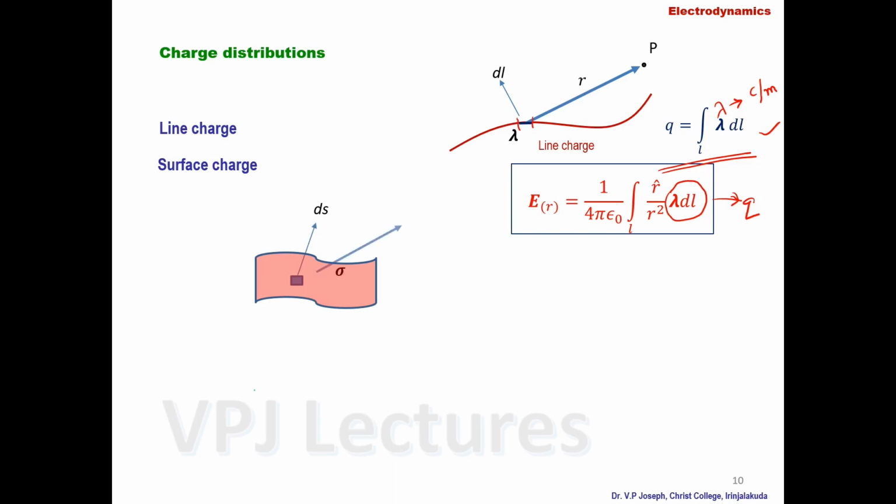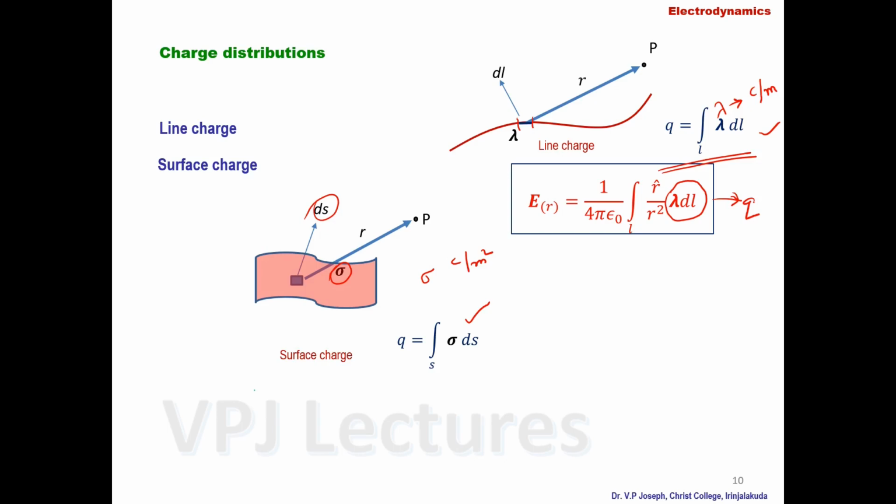Now coming to the second type of charge distribution, that is a surface charge. The surface charge is characterized in terms of sigma, coulomb per meter square. In order to evaluate the total charge, we find a small surface ds, and the total charge on that surface is taken as sigma ds.